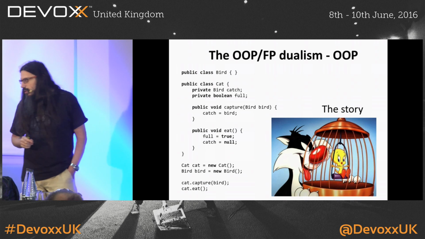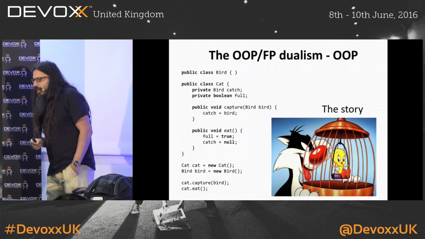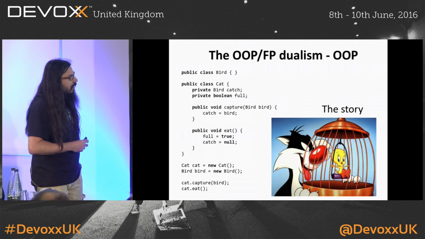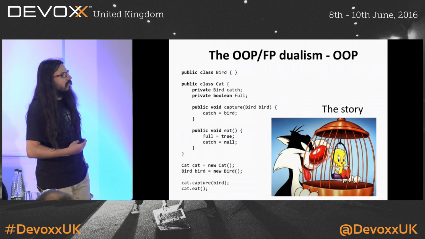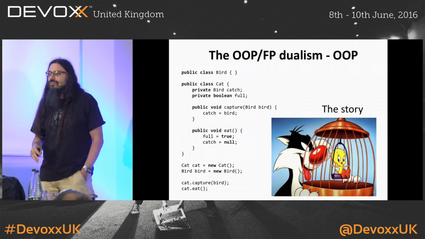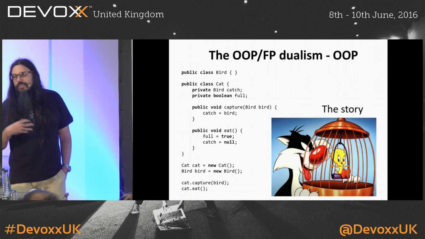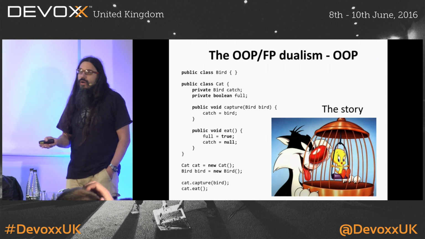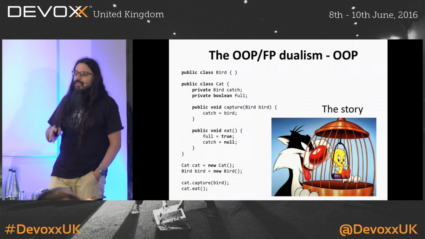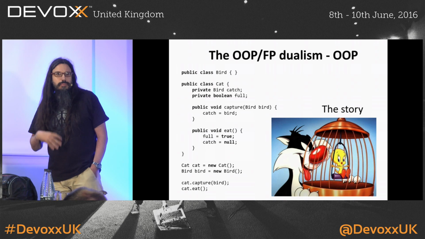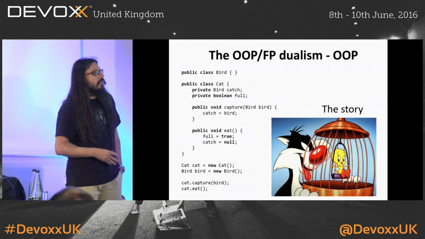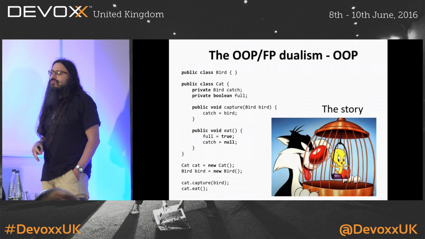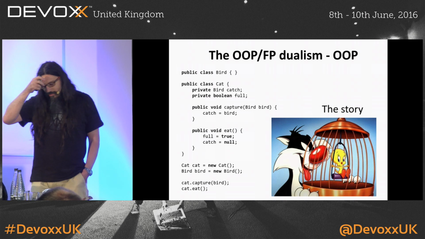Let's start with a very simple but I think interesting example. Let me tell you a story, a very simple story. I will tell you this story under two different points of view. I will tell you the object-oriented version, and then I will try to tell you again the same story in a more functional style.